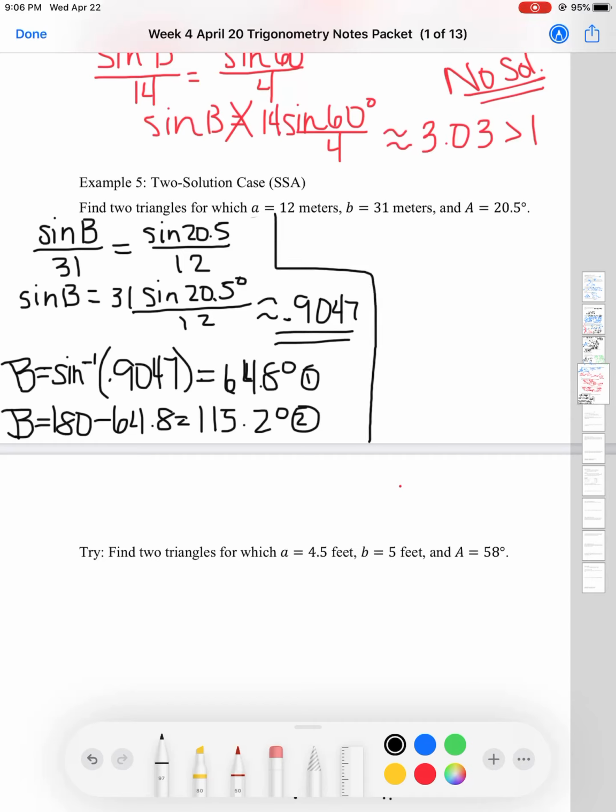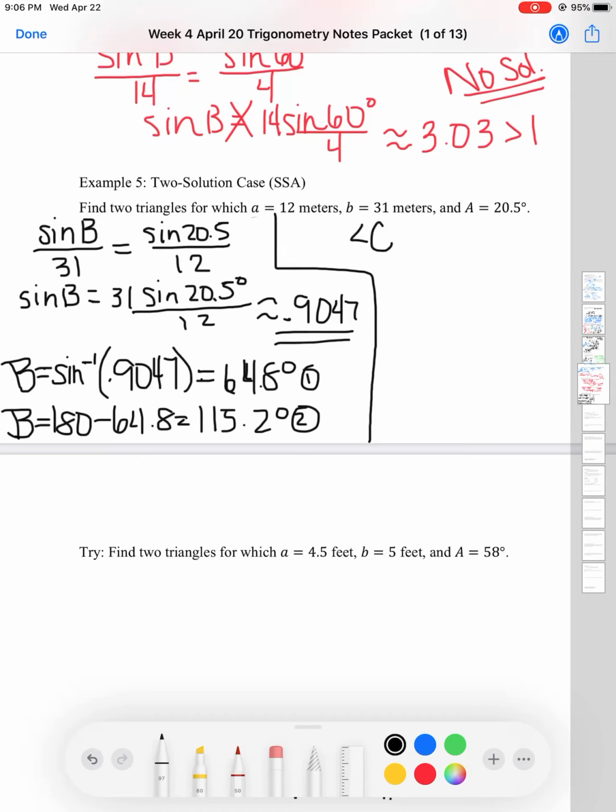okay? So there's a big mess here. That's why the two solution thing is a bigger deal.